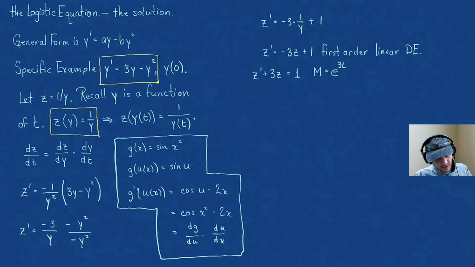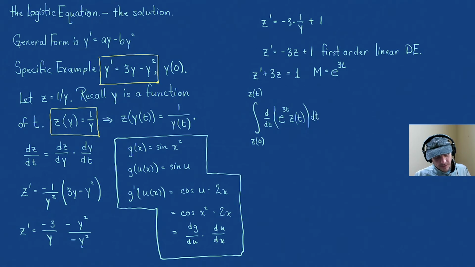We're going to take the integral from z of 0 to z of t. And remember, when I write z of t, that's really the same as z of y of t. It's just a little shorter, times the derivative with respect to t of e to the 3t times z of t dt.